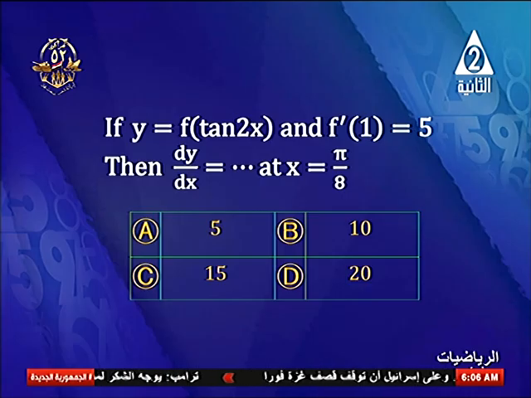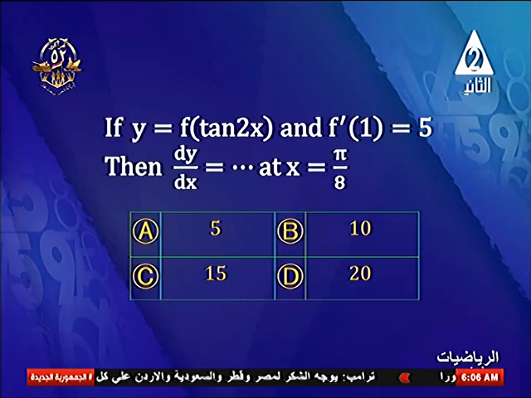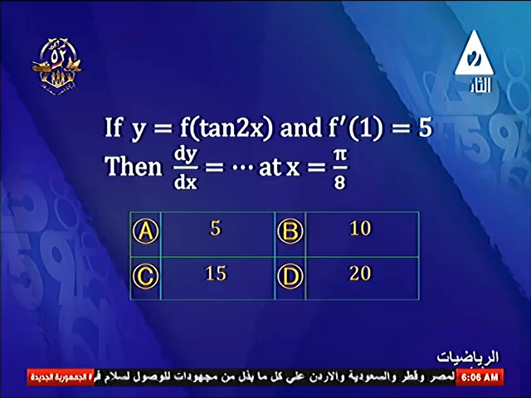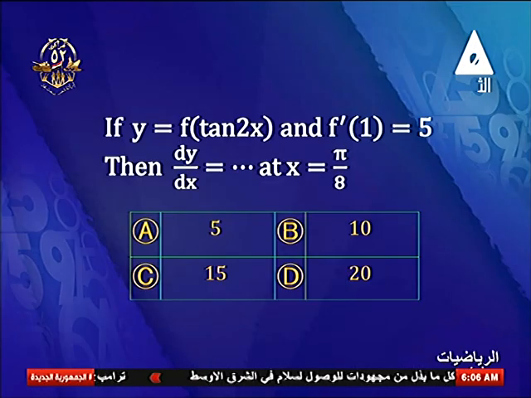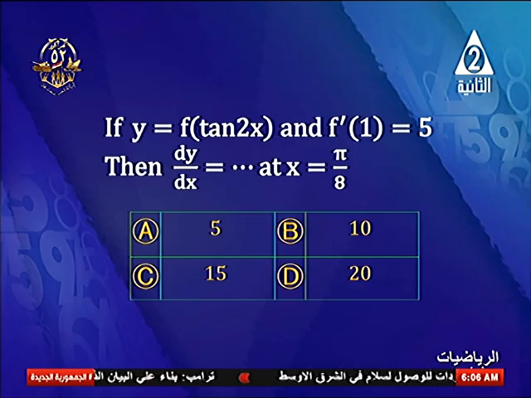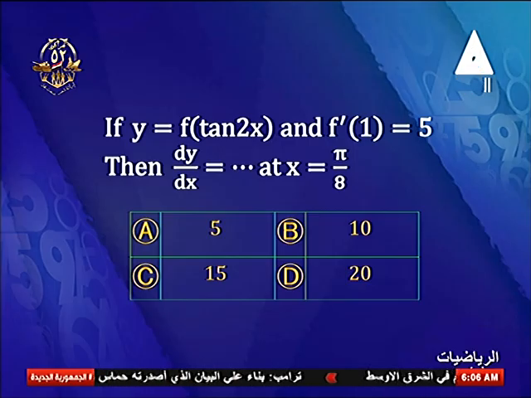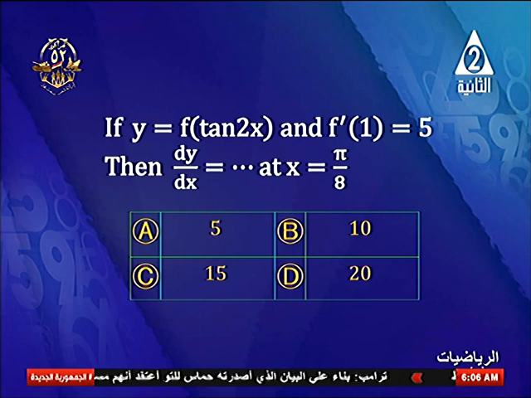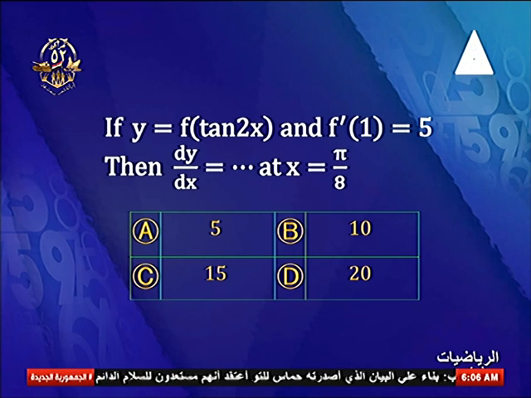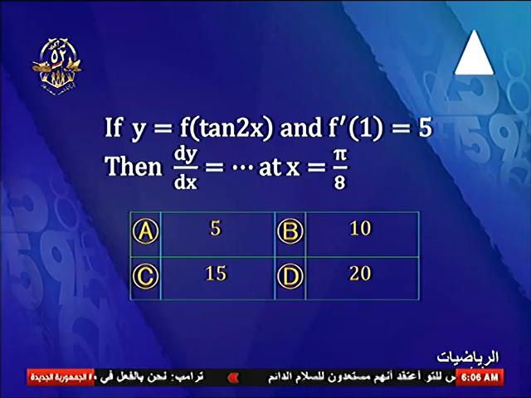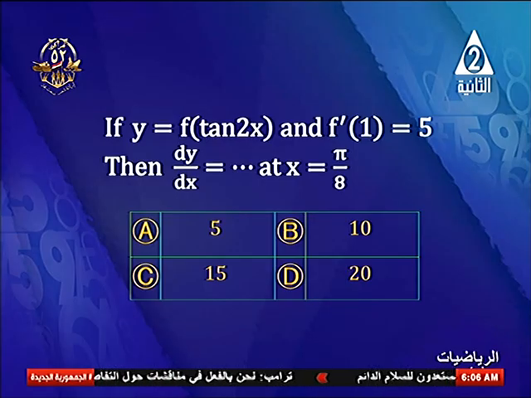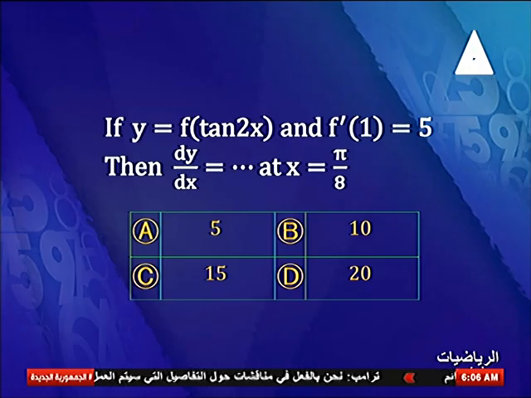We know that the derivative of tan equals sec square, so tan 2x gives sec square 2x multiply derivative of 2x, which is 2. After that, we substitute x equals pi over 8. After that, find the first derivative when tan 2x is 1.